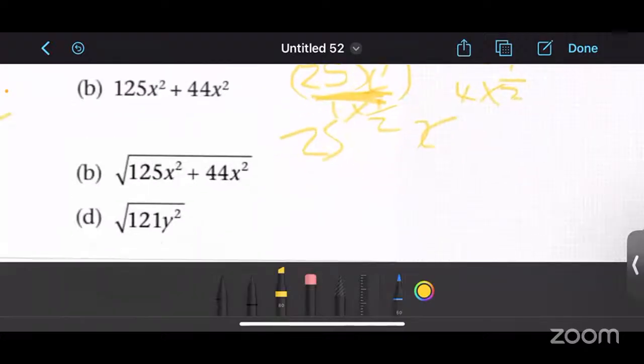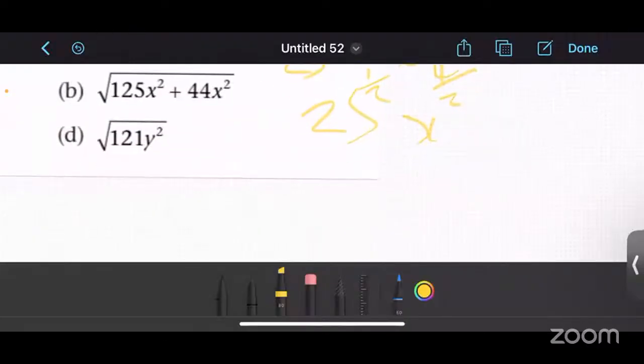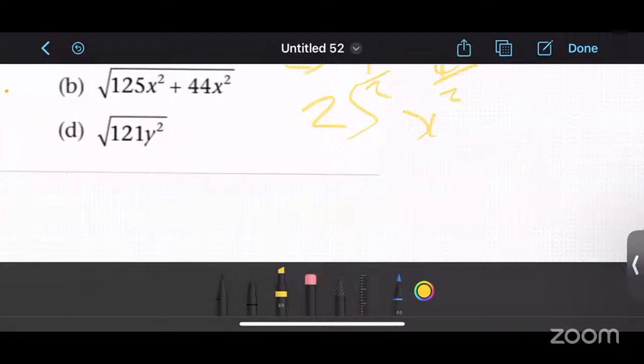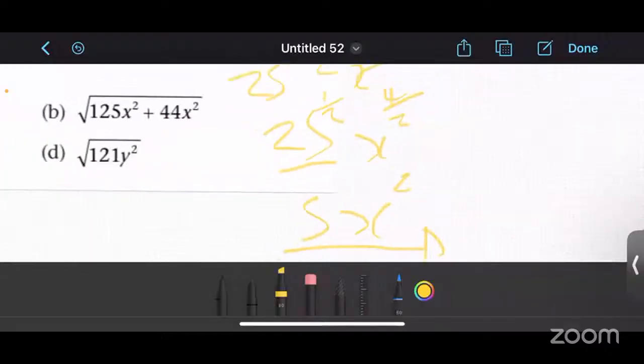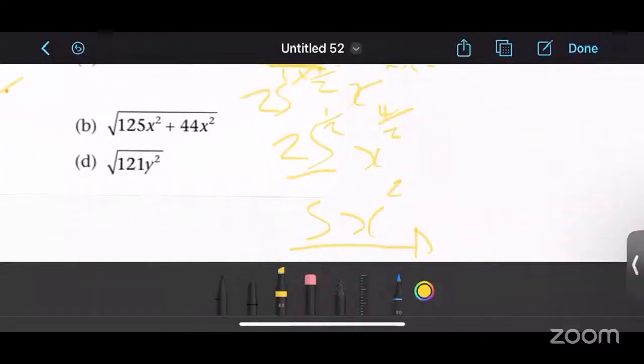And then we have 25 to the power of 1 over 2, x to the power of 4 over 2. And then what is this? That is 5x to the power of 2. Does it make sense? Yes, ma'am.